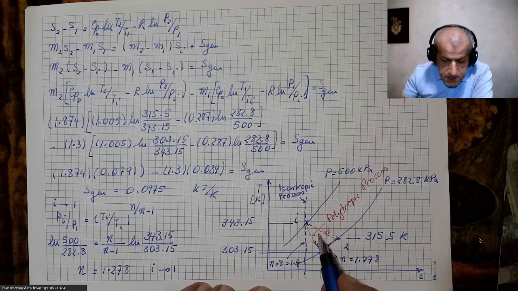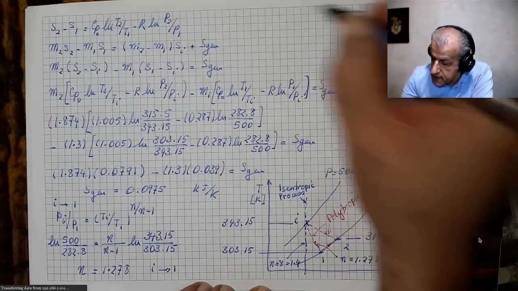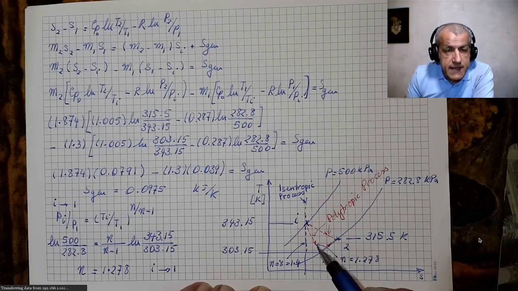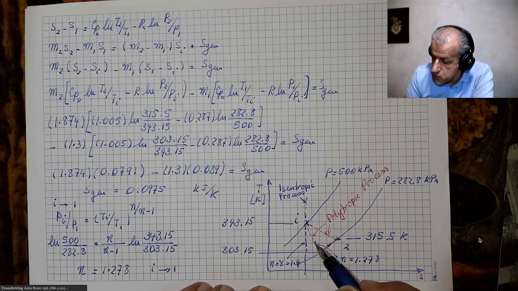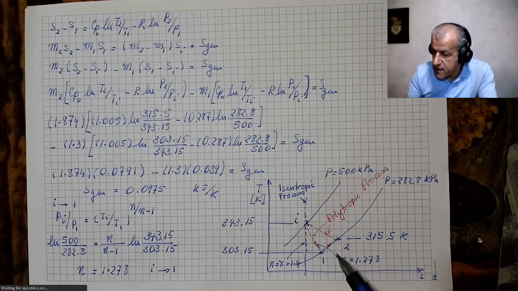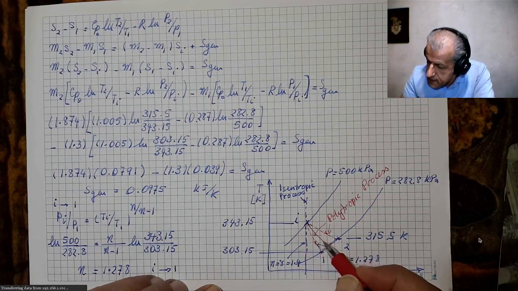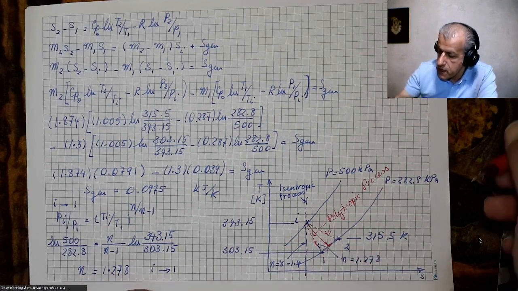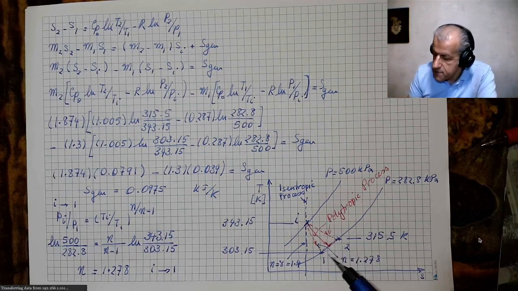What happens for this process? I would just write it here for the final product, and gradually, as the air enters the cylinder, our process moves from this one to this one. So we have processes all through this area. This is the middle process, and this is the final process.